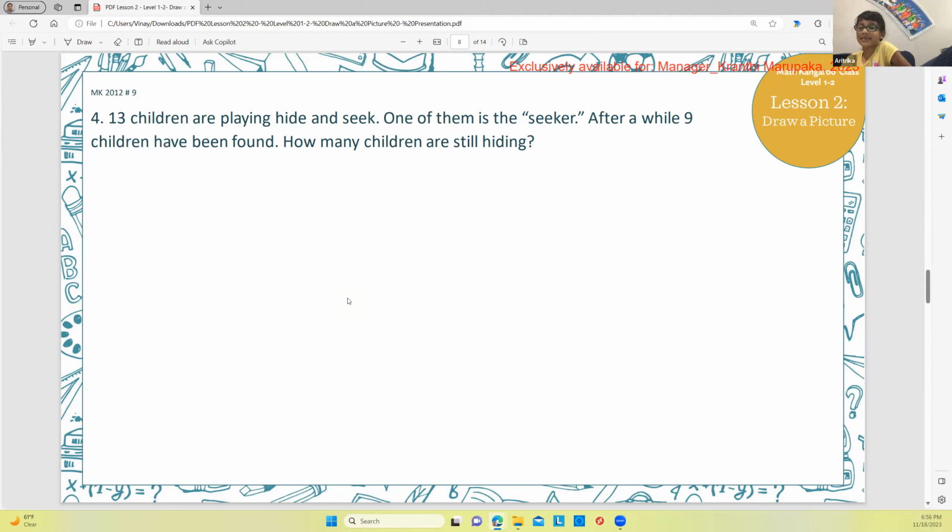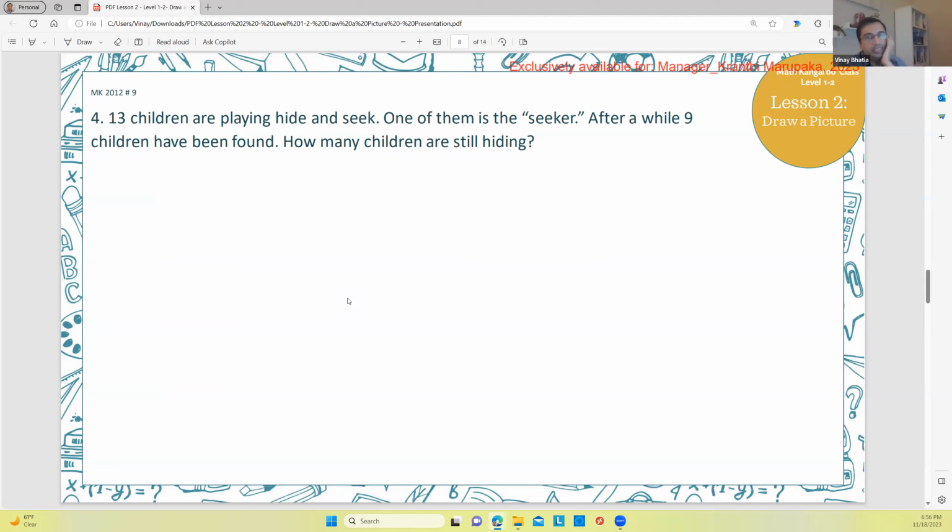One of them was a seeker, and then 9 children had been found. So why don't you draw people, draw circles, draw children, draw the seeker with a different color. Draw the other kids with a different color. Maybe use X for the seeker, use circles for the other players.